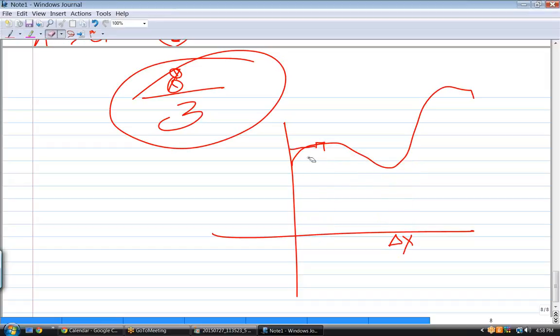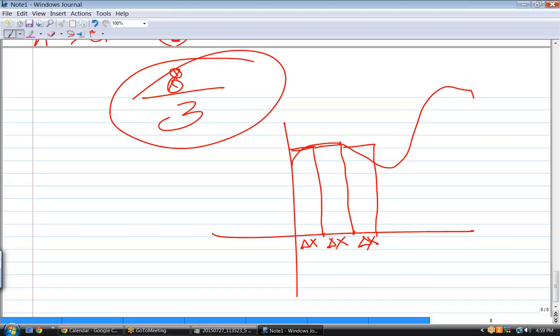When I'm doing my sigma definition, I start off by saying delta x is the interval divided by the number of rectangles, which means that the width of each rectangle has to be the same. Each of these is delta x. And so I'm going to take my interval and divide it by the number of rectangles, and that's what delta x equals. And that's the very first step of doing that.